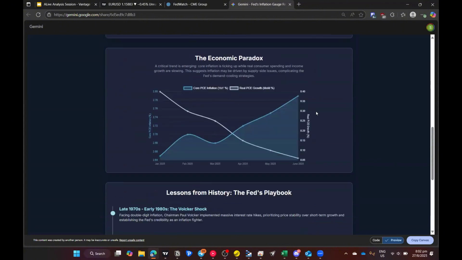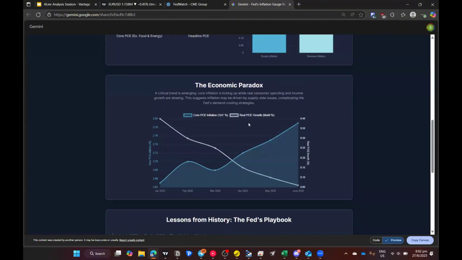So in short, what's the paradox that we're looking at? You have real consumer spending and income slowing down, and you have core inflation moving upwards. So the inference is that your supply side is causing this sort of phenomenon, right? Your inflation may be driven by supply side issues.